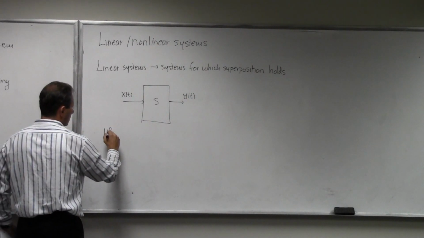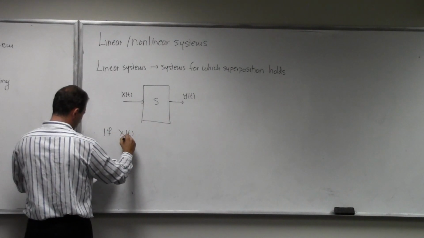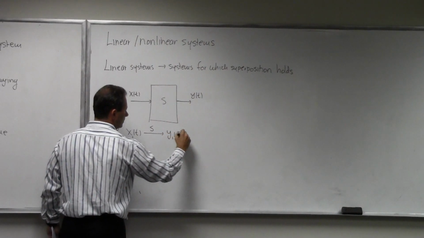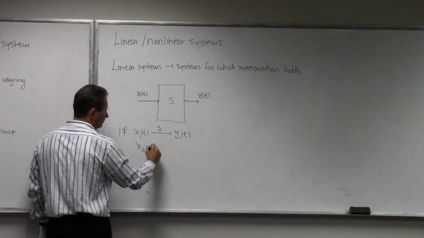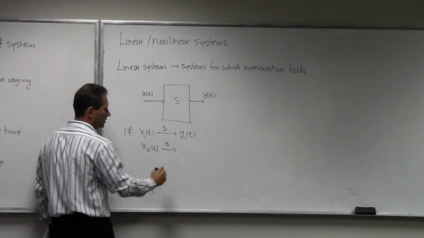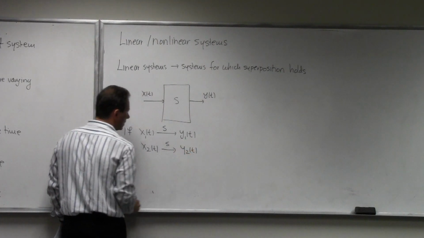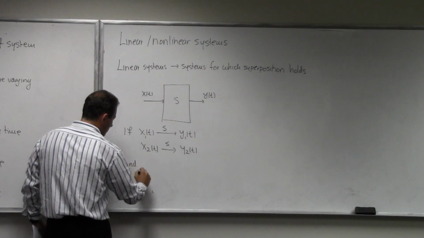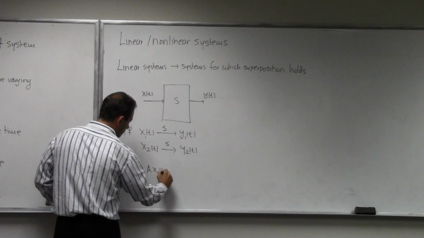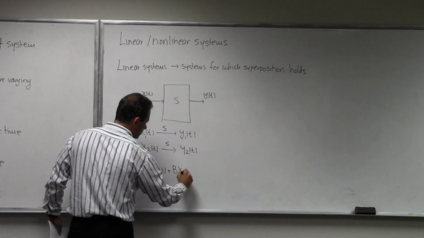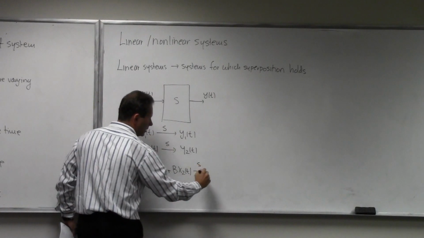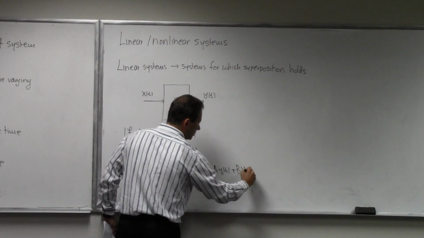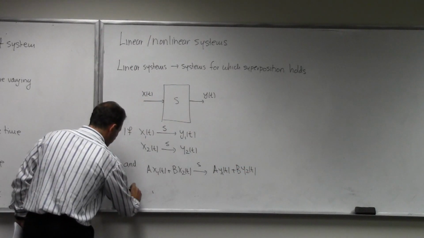So if x1(t) is mapped by this system into signal y1(t), and x2(t) is mapped by this system into a signal y2(t), the system is linear if a x1(t) plus b x2(t) is mapped into a y1(t) plus b y2(t).